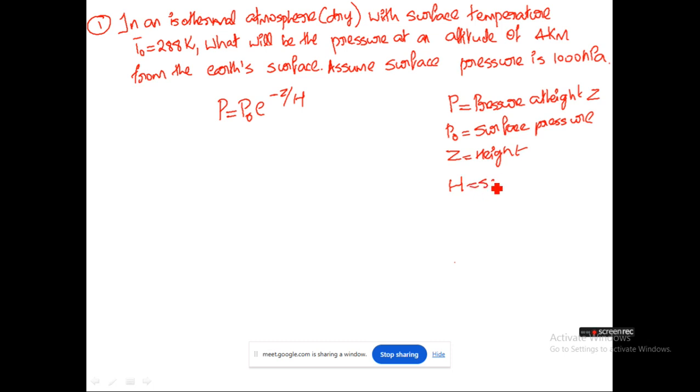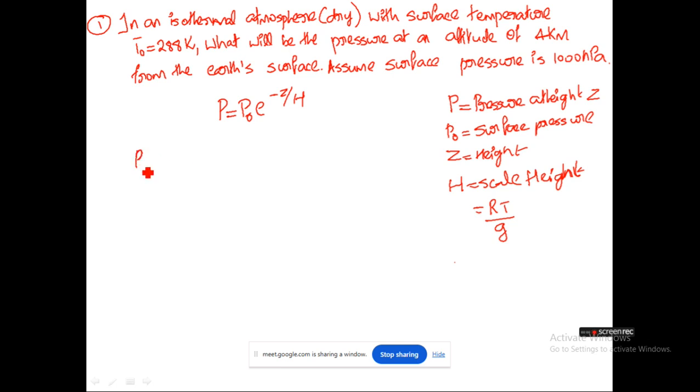H is the scale height, which we learned in the last class, which is the height at which the pressure reduces to 1 by e times the surface pressure, P0 by e. It is given by RT by g. These are the different terms in the equation.